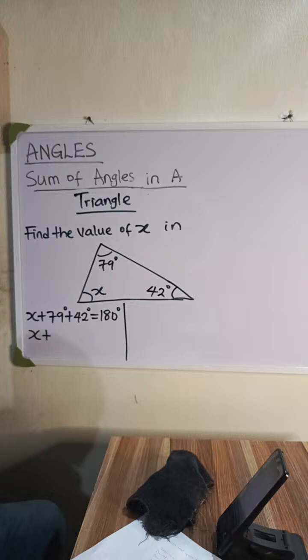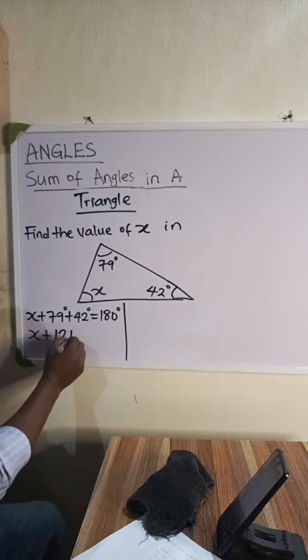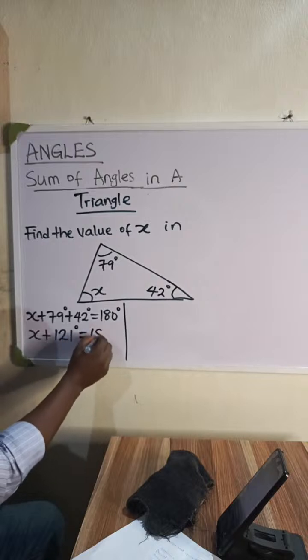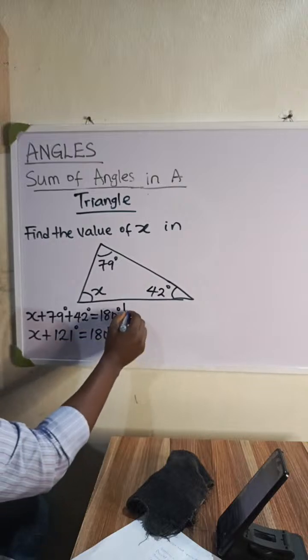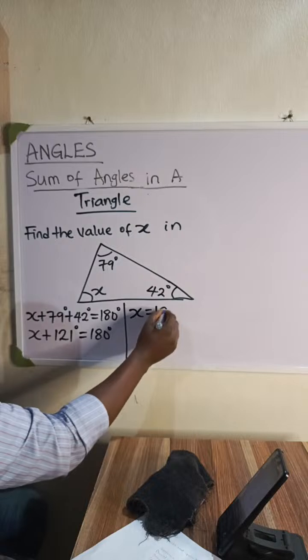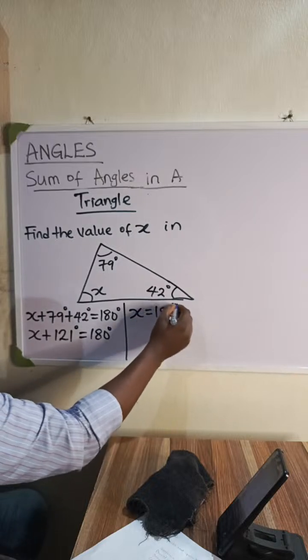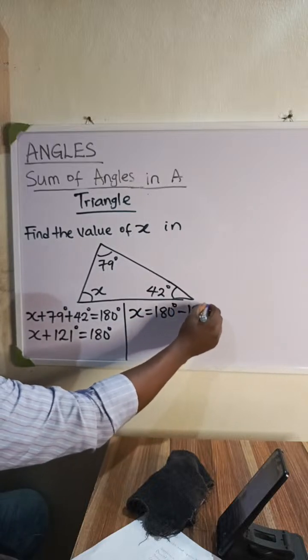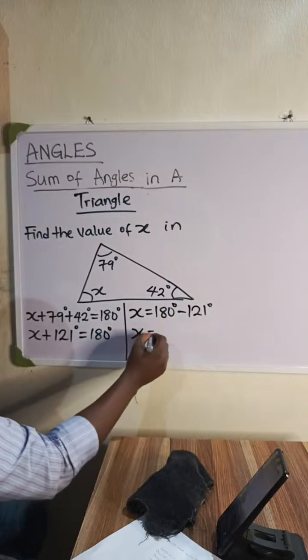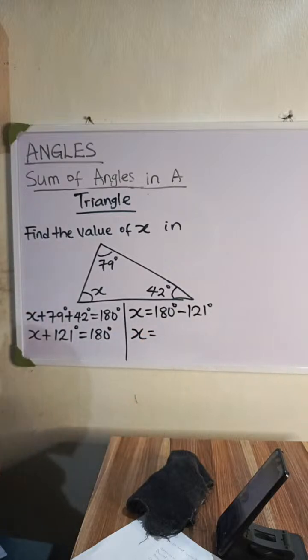Yeah, Daniel has already gotten the answer. 121 degrees plus x is equal to 180 degrees. So x is equal to 180 degrees minus 121 degrees, which gives us 59 degrees, correct?